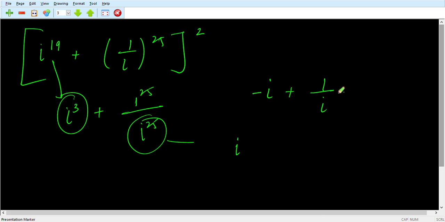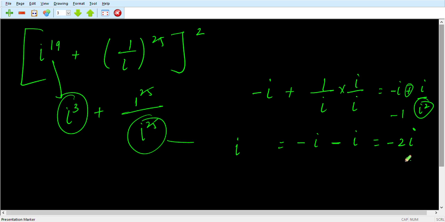I'm going to multiply iota in numerator and denominator. So this expression will give you minus iota plus iota upon iota square, and iota square will give you the value minus 1. So when you solve this further, minus iota minus iota becomes minus 2 iota.